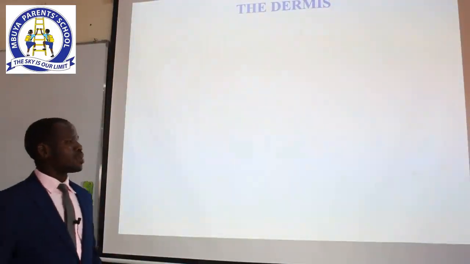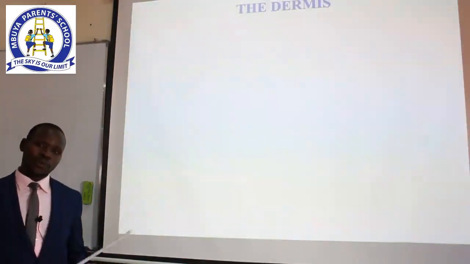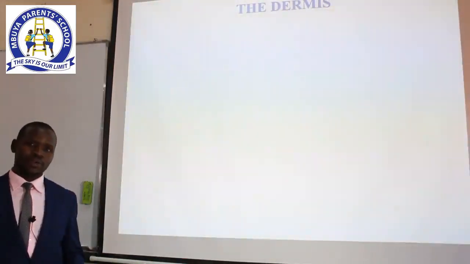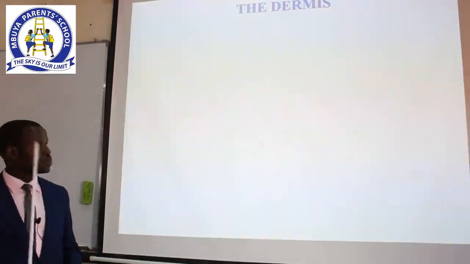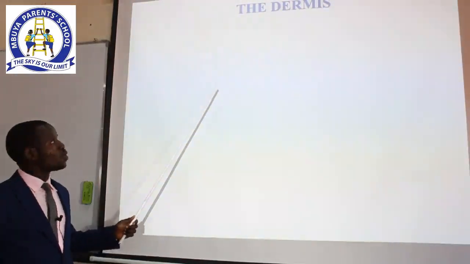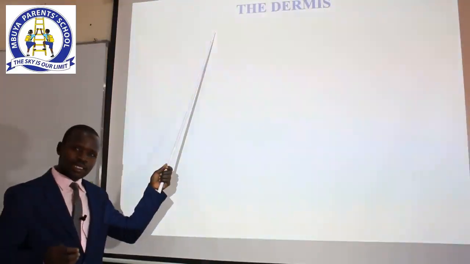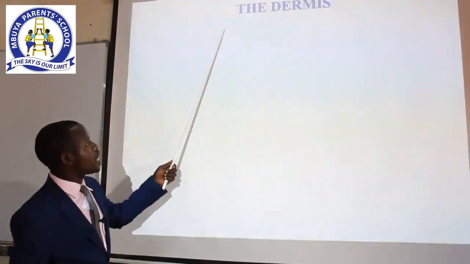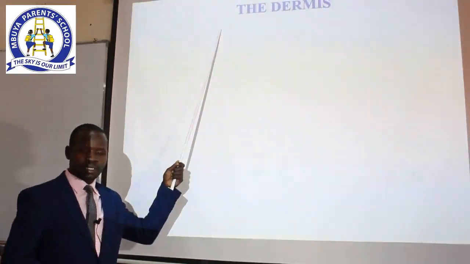By the end of this lesson, what could be the targets that we need to achieve? One, we need to know the parts that make up the layer we are calling the dermis.